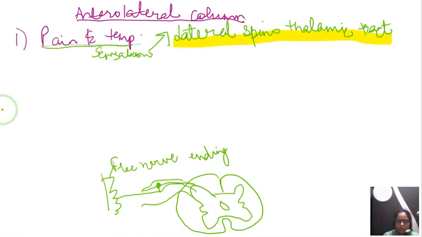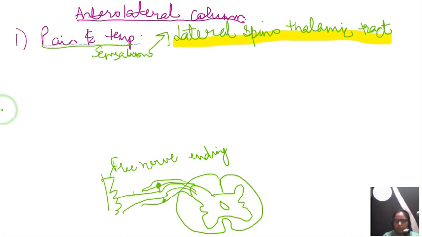Let's first take it simple. Pain and temperature is carried from the receptor, the free nerve ending, by your sensory nerve to the dorsal root ganglion. So here is the difference. In the dorsal column lemniscal system, the first order neuron does not terminate here.